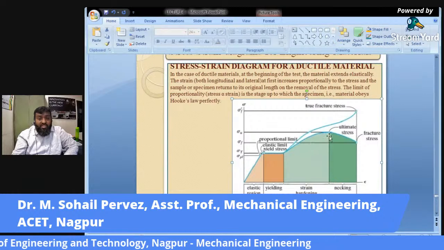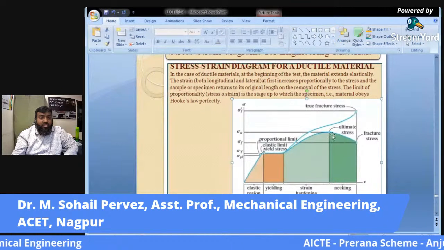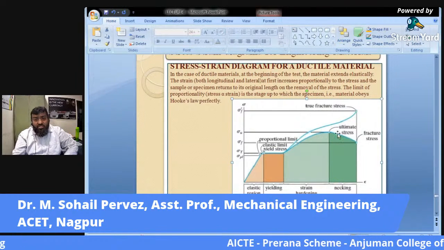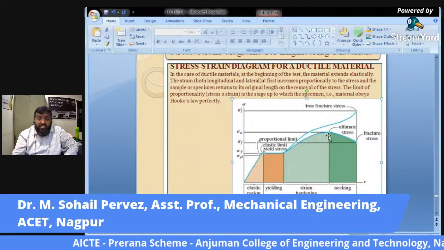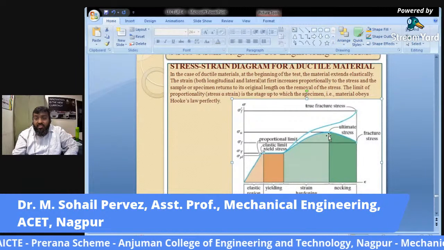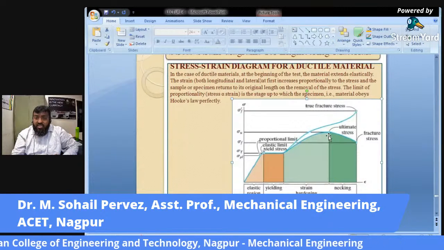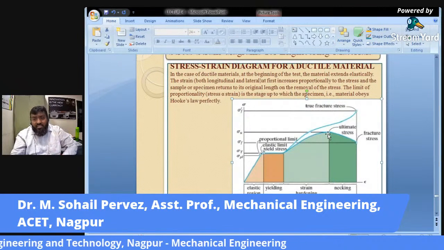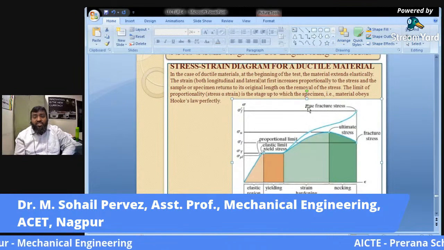This change is known as strain hardening, and there is a point known as the ultimate stress point, at which the material has acquired its maximum capacity to withstand the applied load before its actual failure or fracture.